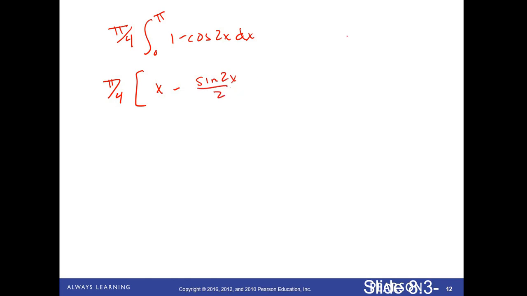So I'm at this point: pi over 4, integral from 0 to pi of 1 minus cos 2x dx. Pi over 4 times the antiderivative, which is x minus sine 2x over 2. If you want to do your u substitution, this is one that I'm fairly comfortable with. If you want to see how I got from here to here using u equals 2x, that's fine.